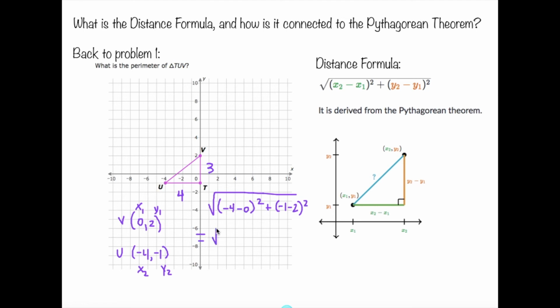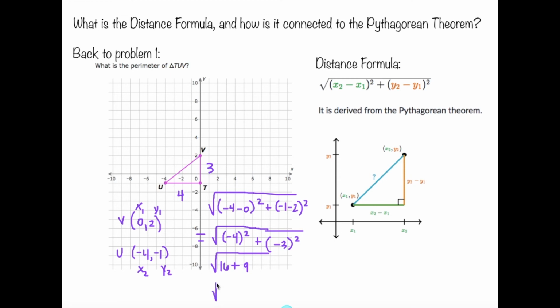And then we can simplify what's in those parentheses. So -4 minus 0 just gives us (-4) squared plus (-3) squared, and then this gives us (-4) squared. Make sure if you type that into a calculator, you're using parentheses. 16 plus (-3) squared is 9.